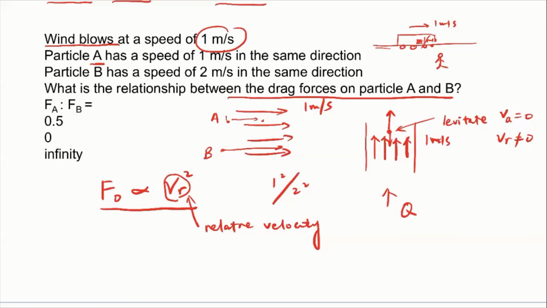Okay, we'll just stop here. I'm still seeing a few choosing 0.5. So try to understand this relative velocity concept. If you have any questions, feel free to ask me or ask your classmates.